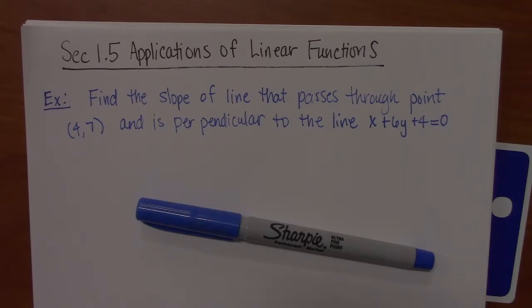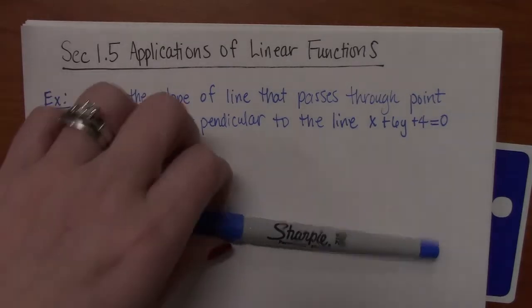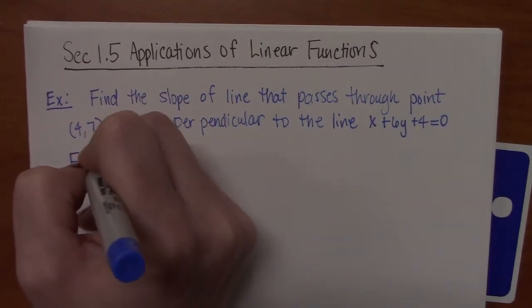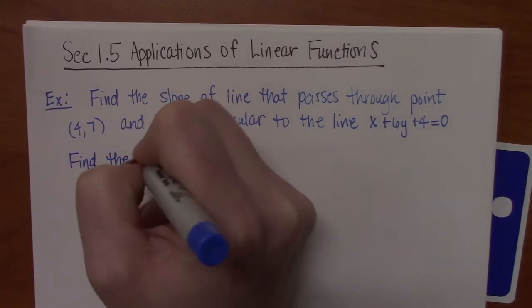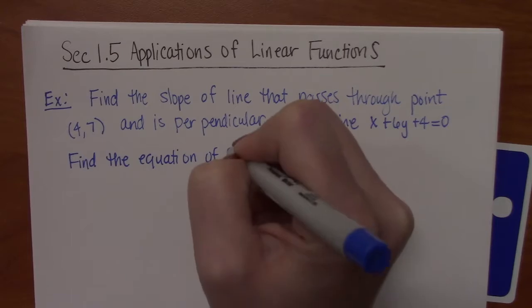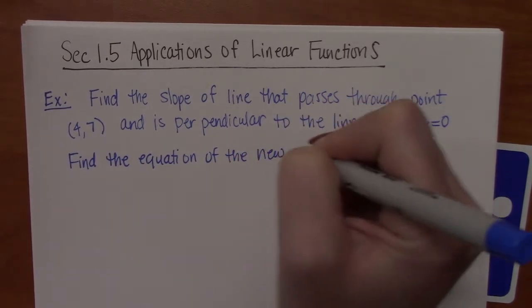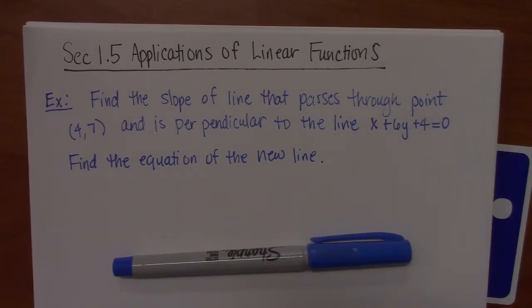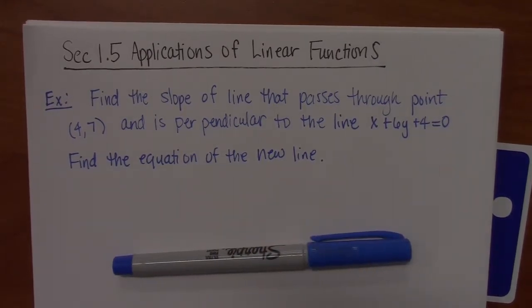And we're actually going to take this one step further and also find the equation of the new line. If all I wanted was the slope, all I would have to do is grab the first slope and calculate the new slope. But since they gave us a point on the new line, it would make sense to also ask you to find the equation of that line.